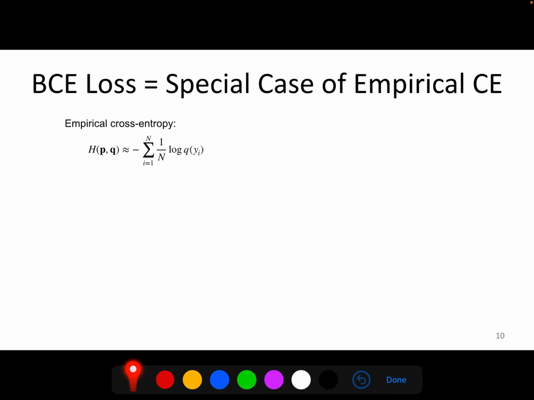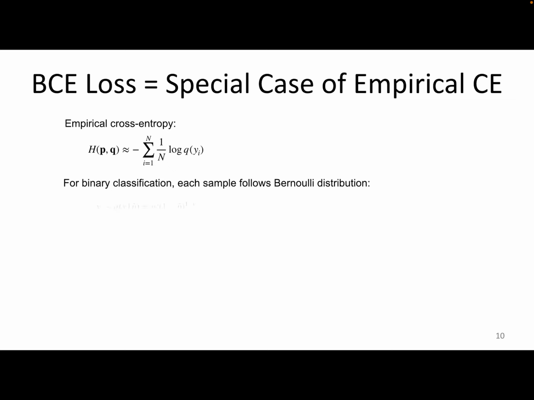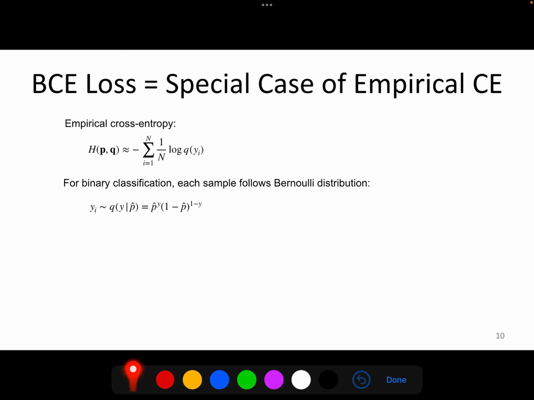Binary cross-entropy now falls out naturally. For binary classification, each label follows a Bernoulli distribution. We can calculate BCE loss by substituting this Bernoulli distribution formula into the empirical cross-entropy formula.